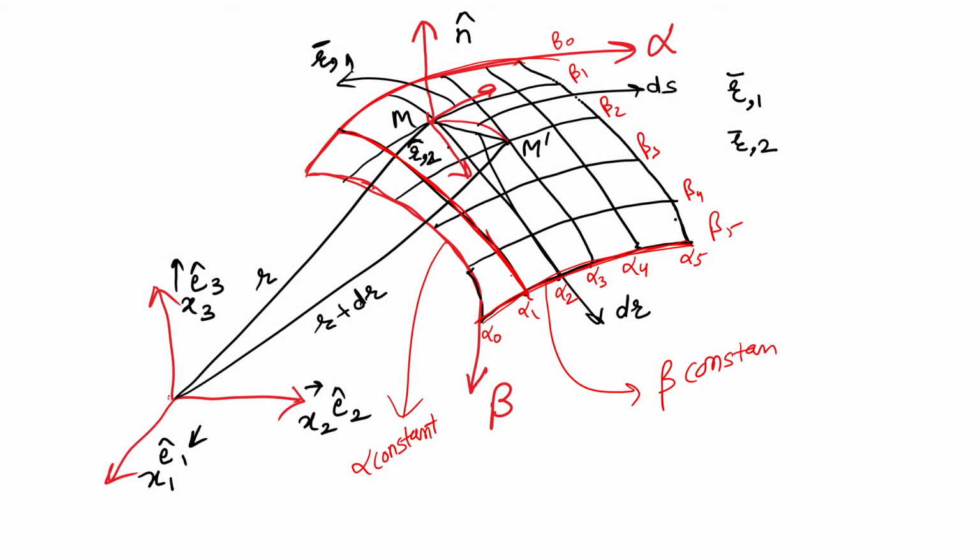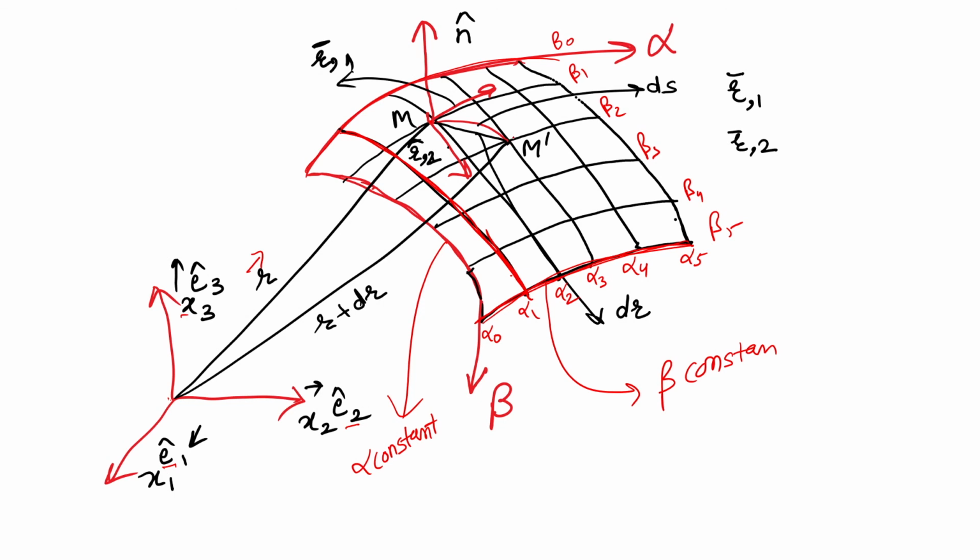This is the rectangular coordinate system, x1, x2 and x3, with unit vectors e1 hat, e2 hat and e3 hat. From this curvilinear coordinate system, let us say a point M has position vector r.